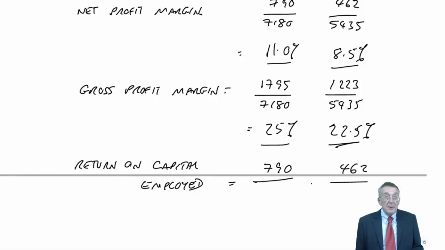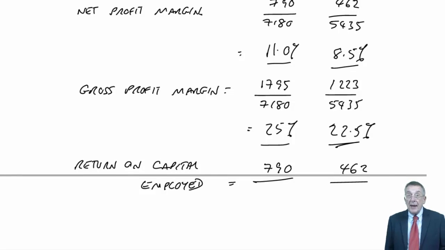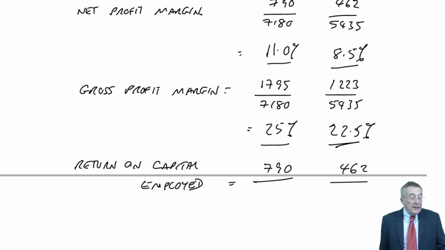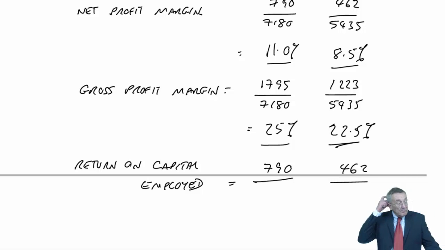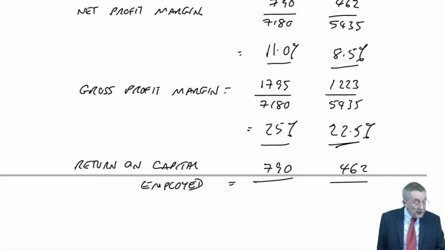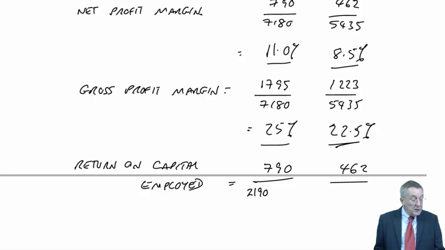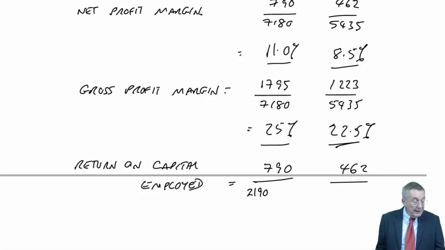So a percentage of the total capital in the business, which you can get two ways, very much depends on how much information is given to you, but it's the total long-term finance. If you look at the statements of financial position, in 20x7, the capital, 2190 was coming from shareholders, the share capital plus the retained profit.